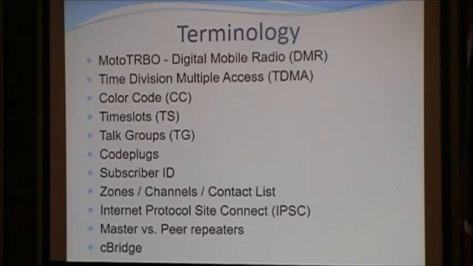Zones, channels, and contact list. The way a DMR radio is programmed is that you have a zone. Then inside of the zones you have the channels.